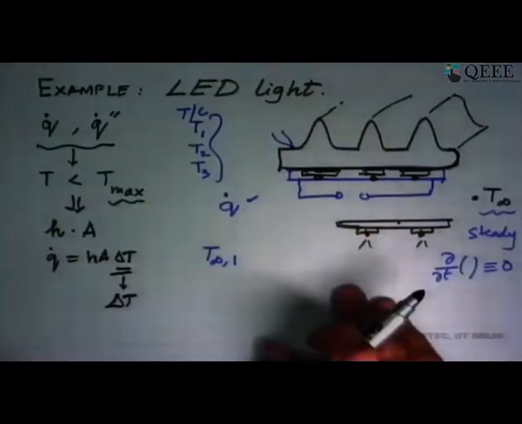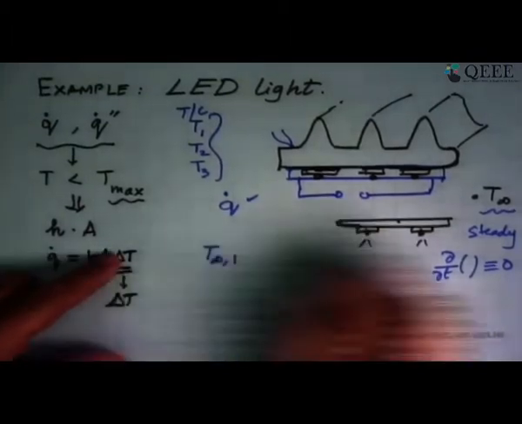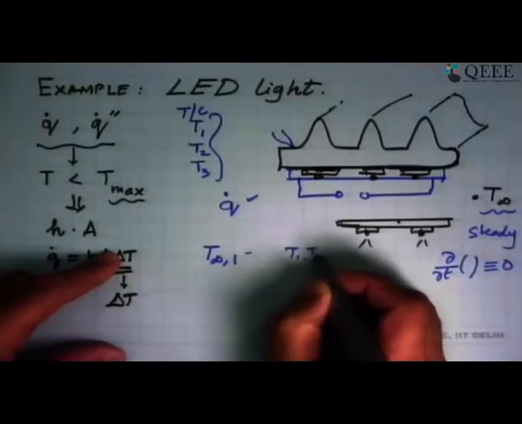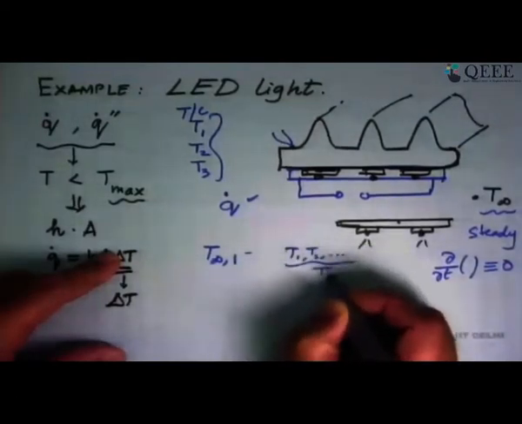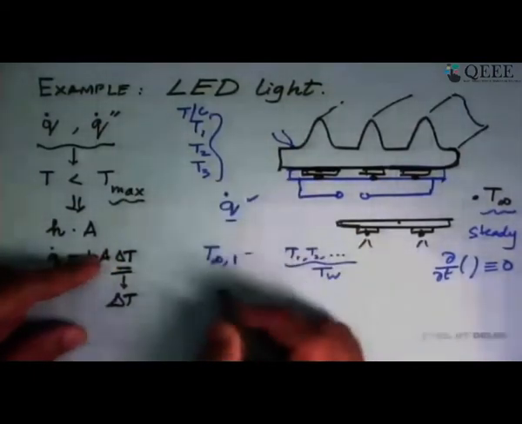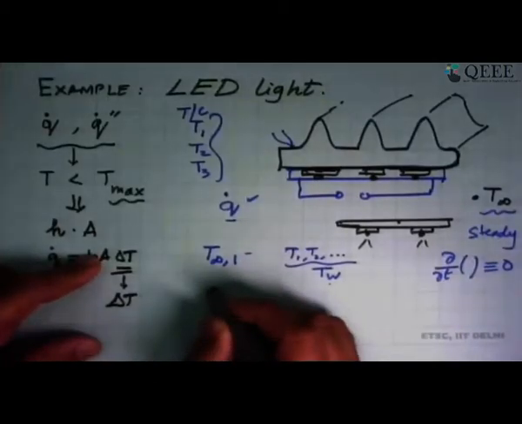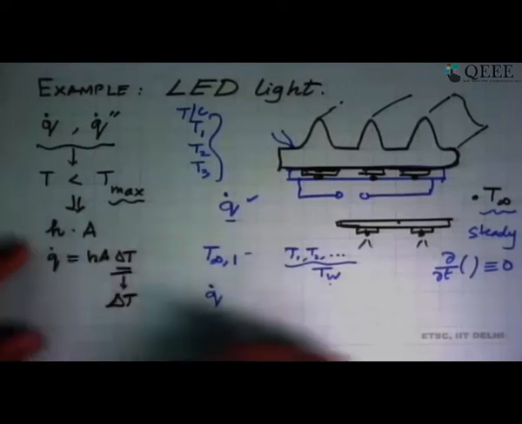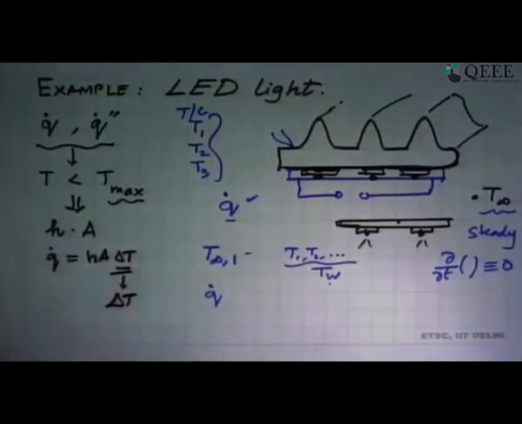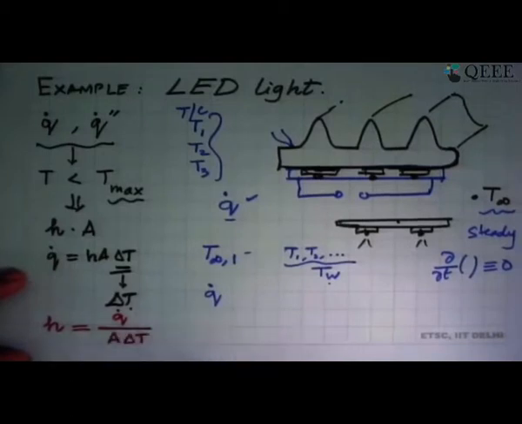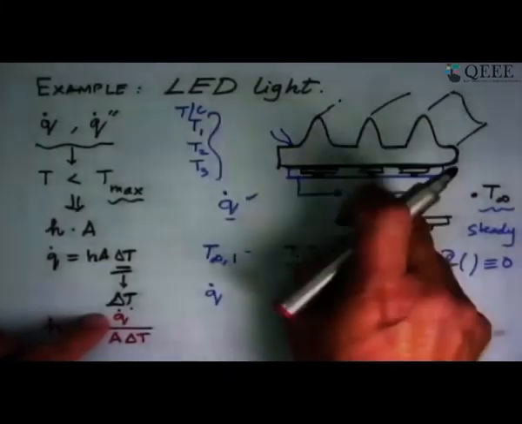Once that is achieved, and that could take hours, we then say that, look, for this T infinity, the values of the surface temperatures were T1, T2 like that, and from this I get some sort of a representative mean wall temperature as TW. So we have a certain QW, we got this delta T done, and we say that, look, I have been able to compute these two. So I flip this equation and say that what I have here is that H is Q dot divided by A into delta T. So we measured Q dot with the power meter.